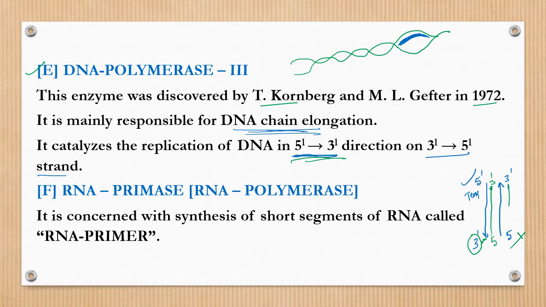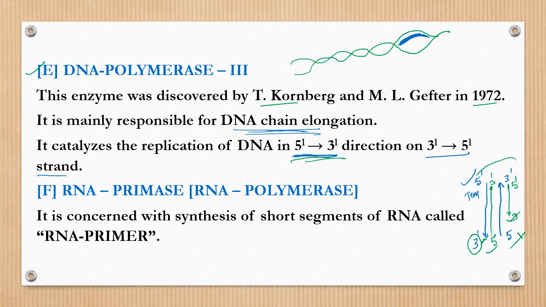and it is extended. So this is the 3 end, then the newly formed strand has the 5 end. So DNA replication is always in the 5 to 3 direction only. See, 5 to 3 here and here also 5 to 3 direction on the 3 to 5 strand.